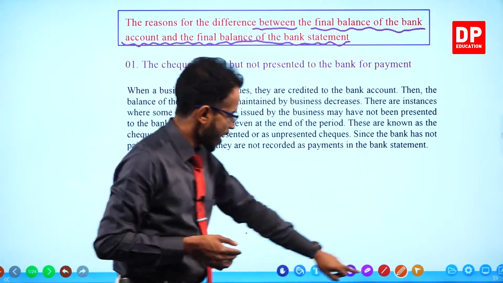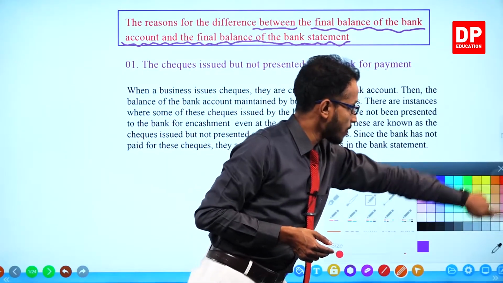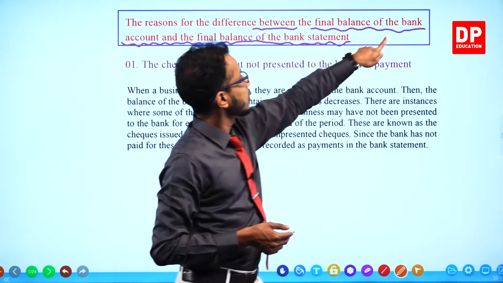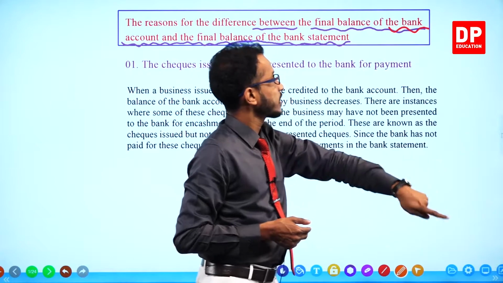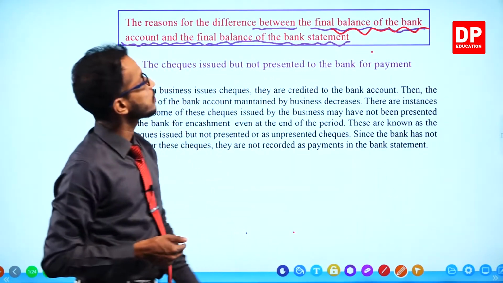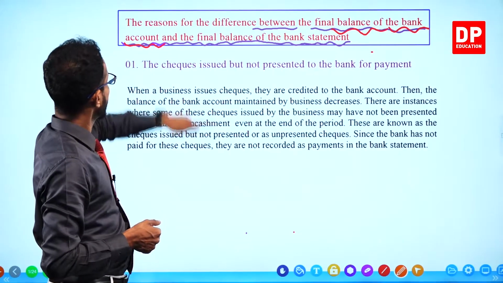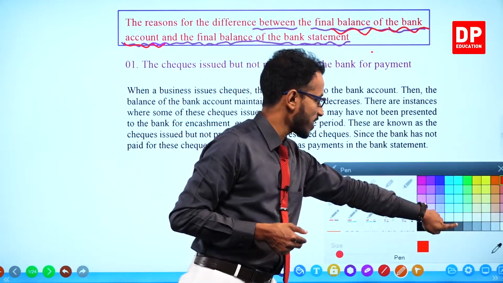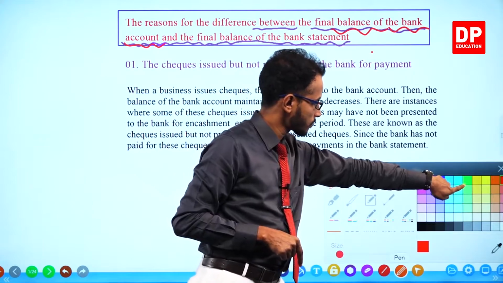The balance of the bank account and the balance of the bank statement differ.